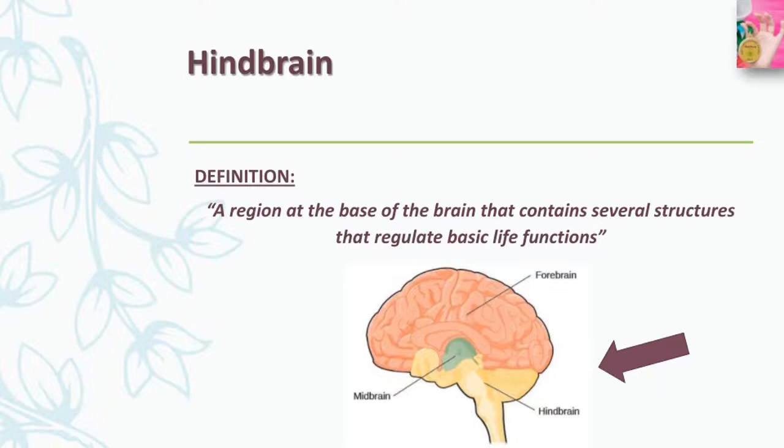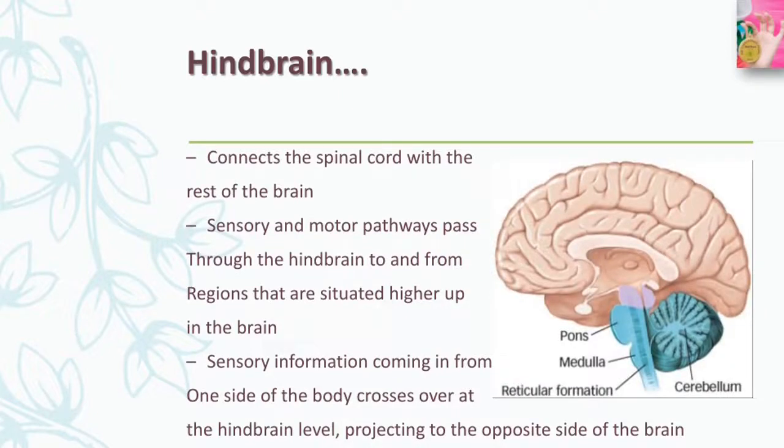The definition of the hindbrain is a region at the base of the brain that contains several structures that regulate basic life functions. You can see this part of the brain is the hindbrain. The hindbrain connects the spinal cord with the rest of the brain. Sensory and motor pathways pass through the hindbrain to and from regions situated higher up in the brain. Sensory information coming in from one side of the body crosses over at the hindbrain level, projecting to the opposite side of the brain.